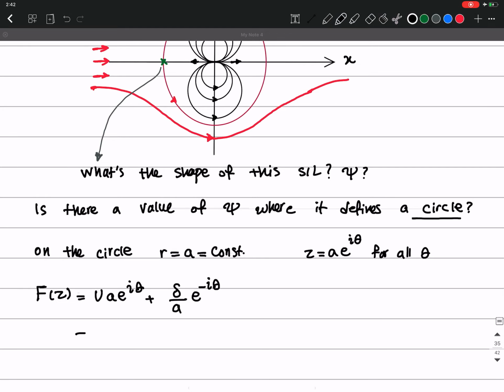Okay. So now I want to find psi, so I need to find the real and imaginary part of this. So instead of e^{iθ}, I can write cosine theta plus i sine theta. So it's going to be U a cosine theta plus i U a sine theta plus delta over a times cosine theta minus i sine theta, since e to the minus iθ is cosine theta minus i sine theta.